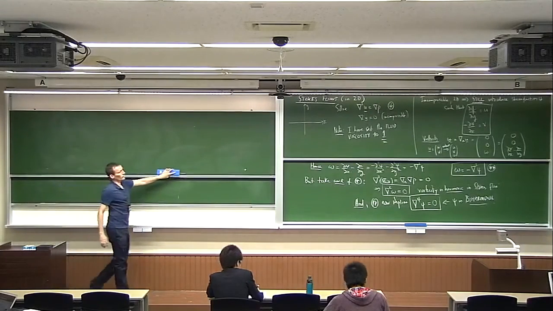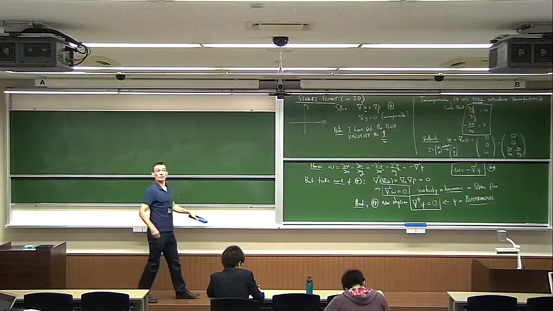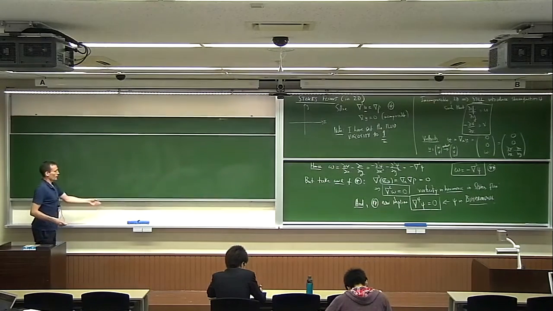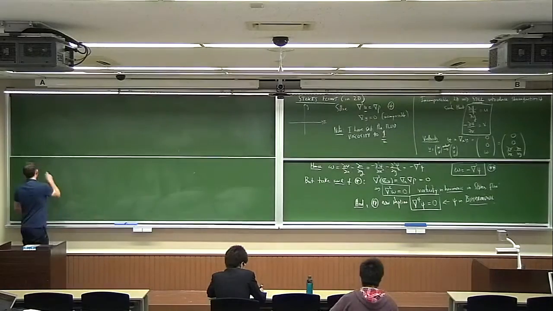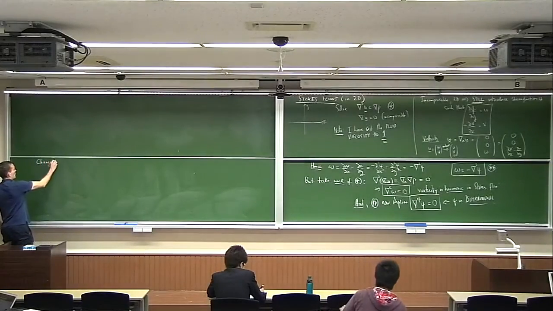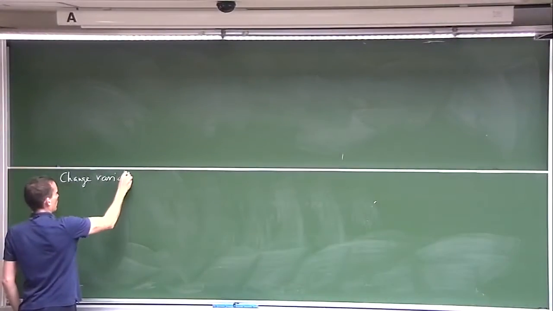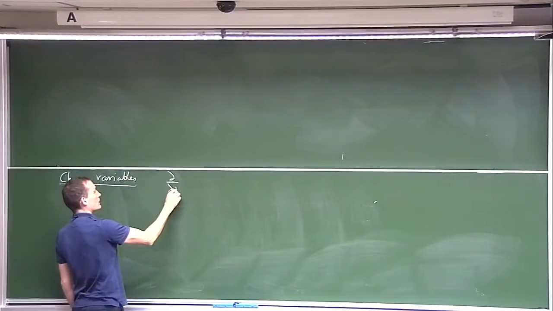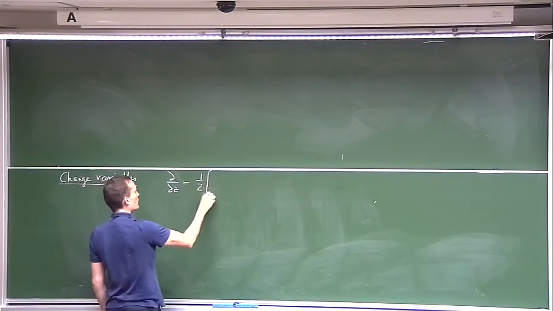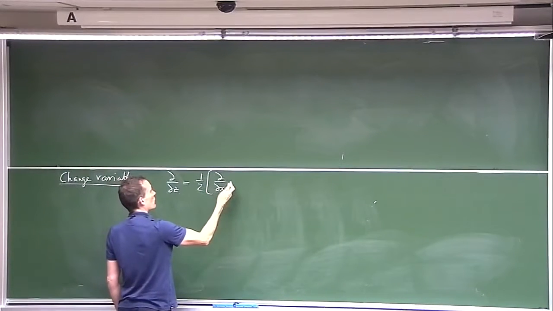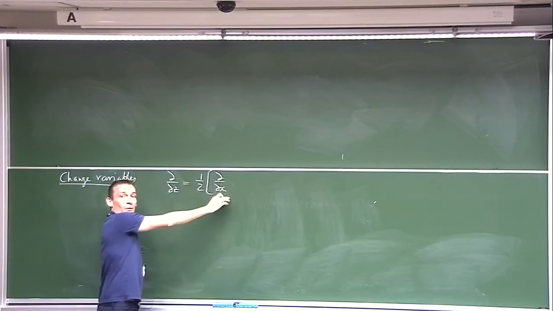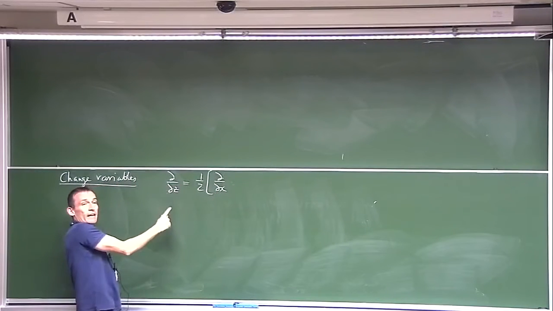Of course, all I'm going to do is change variables from x, y to z, z bar. You remember this, everybody, I hope. d by dz is 1 over 2 of d by dx minus i d by dy, since z is x plus iy.